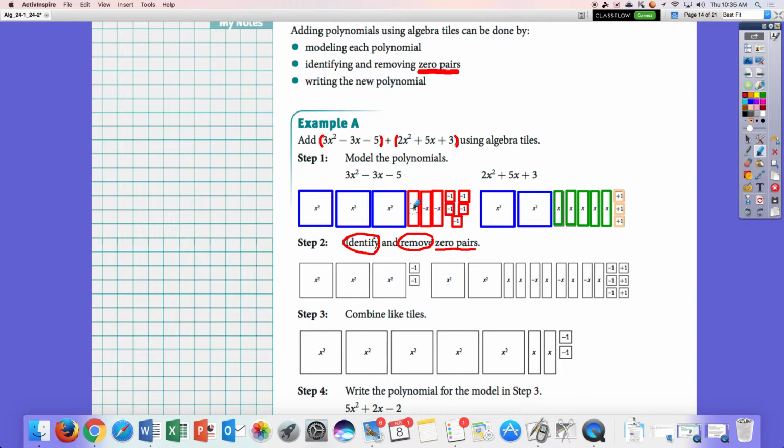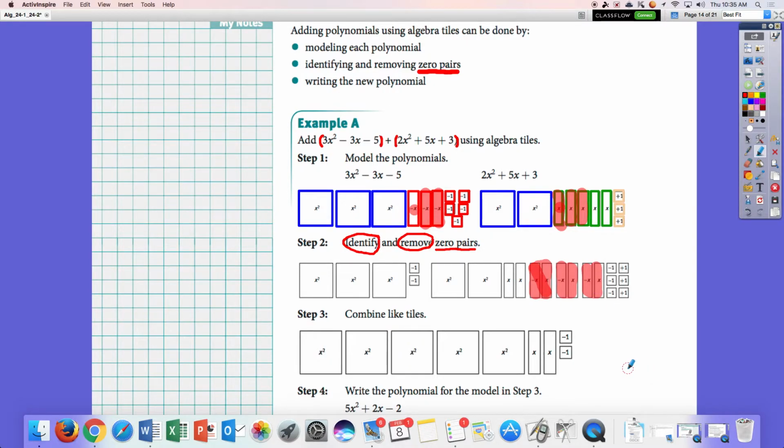Because if we think about it, what is x squared minus x squared? Well, it's 0. x minus x is 0. And 1 minus 1 is 0.